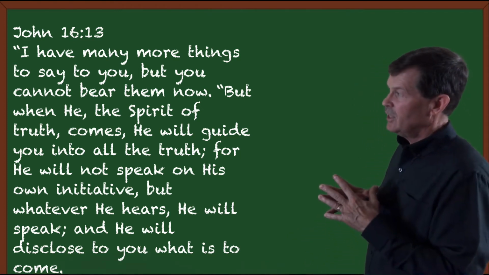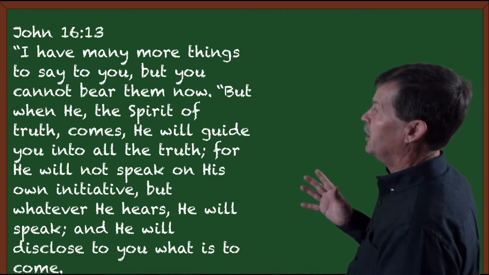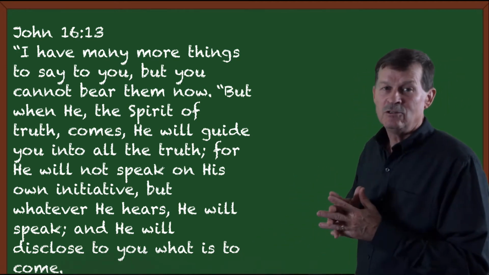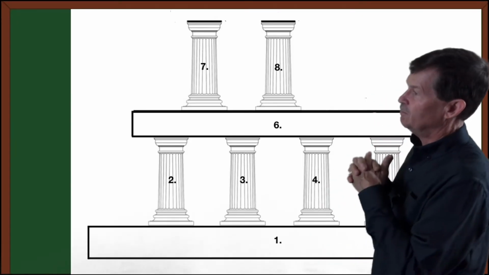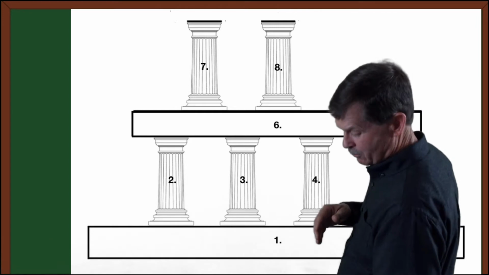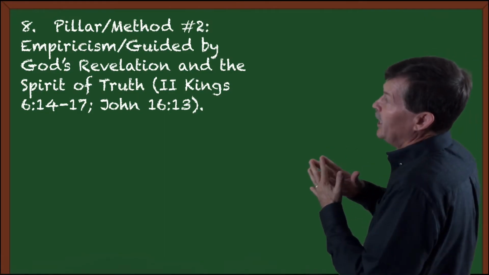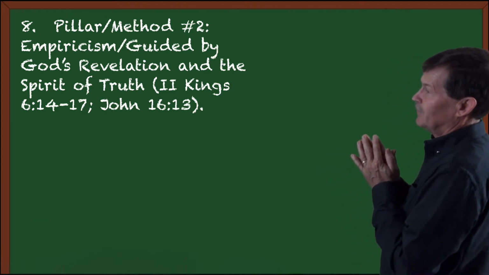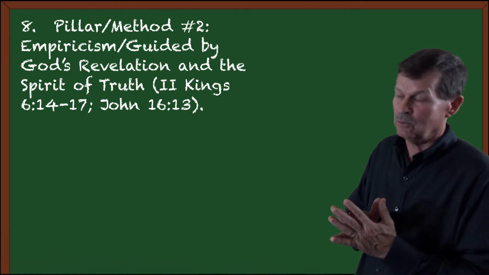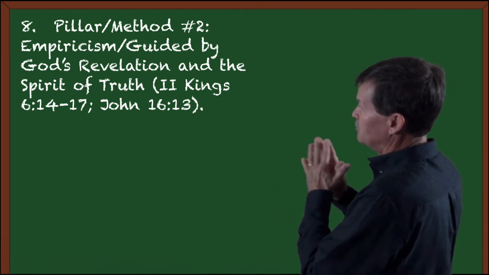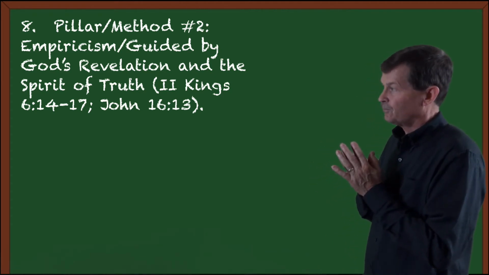So that is the first method, rationalism based on guidance of God's revelation and the Spirit of truth. The second method, second column or pillar, is related to empiricism, again, but not by human empiricism alone, but guided by God's revelation and, again, the Spirit of truth.